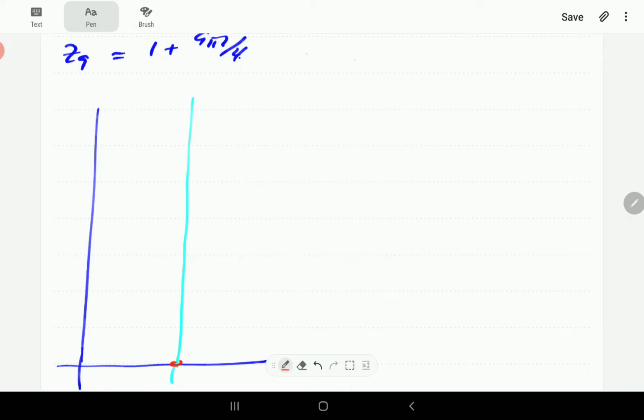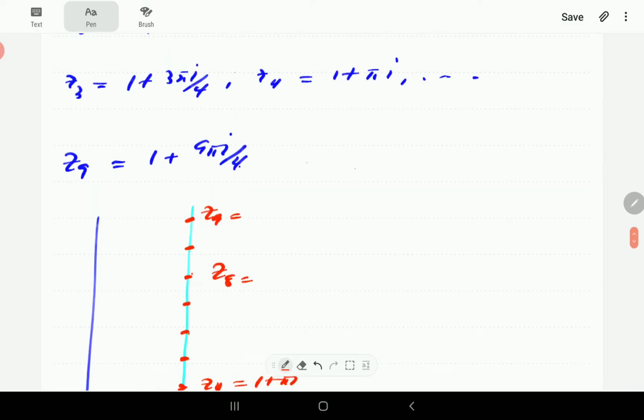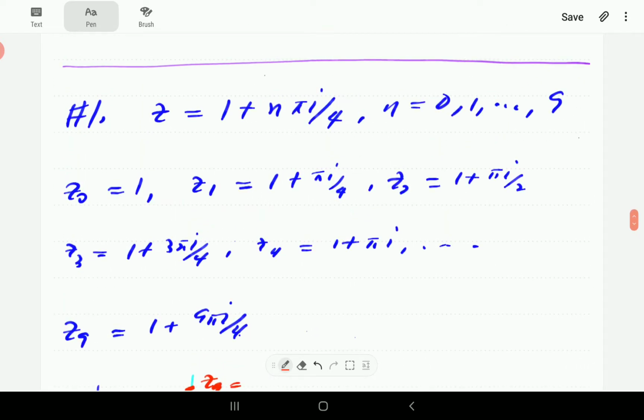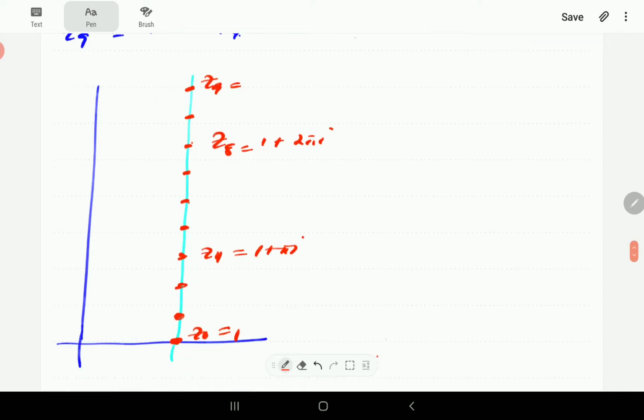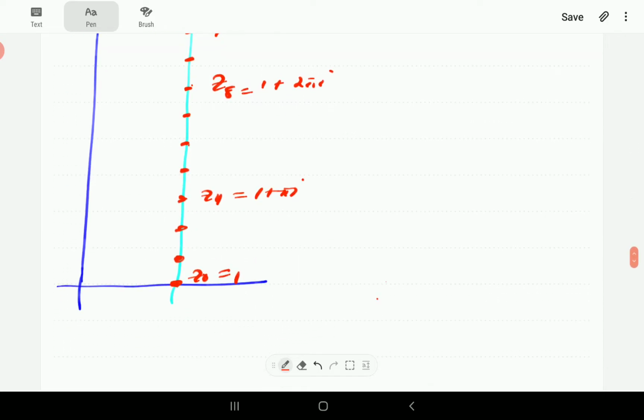So z0, z1, z2, z3, z4, z5, z6, z7, z8, and z9. z0 is 1, z4 is 1 plus pi i, and for n equal to 8, it's 1 plus 2 pi i, etc.